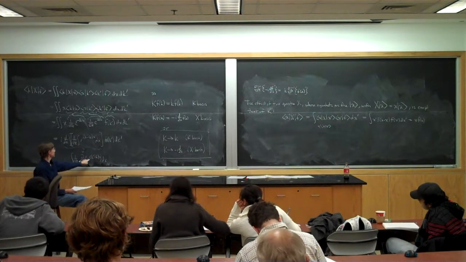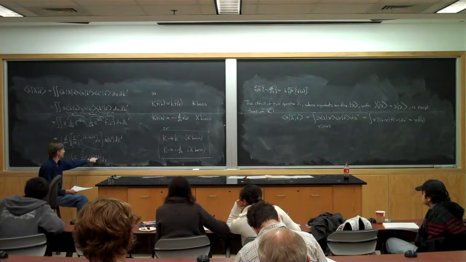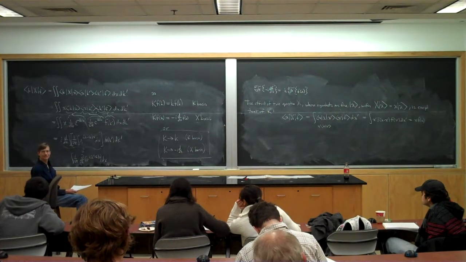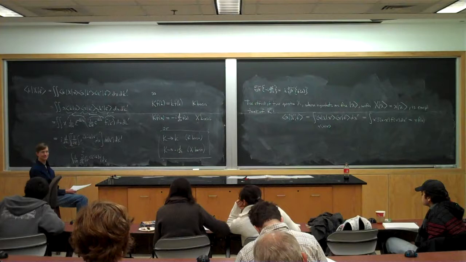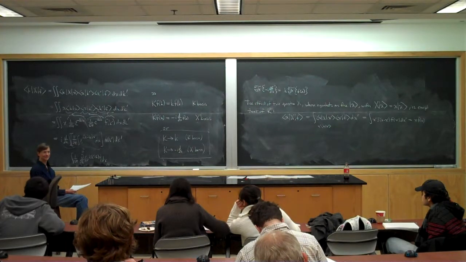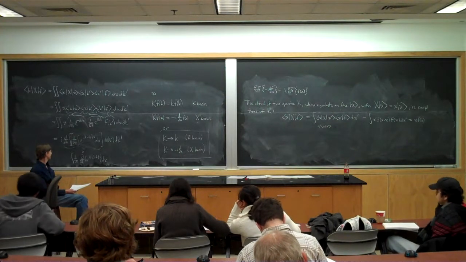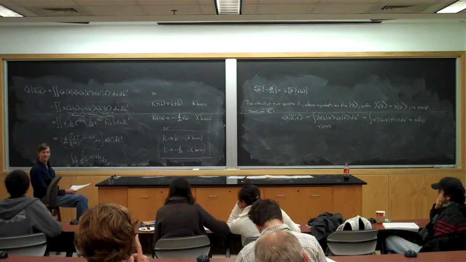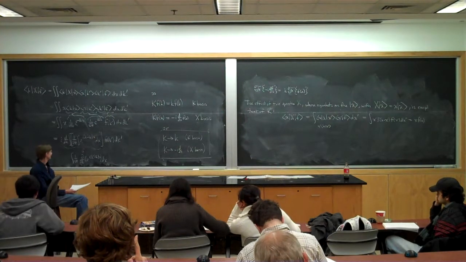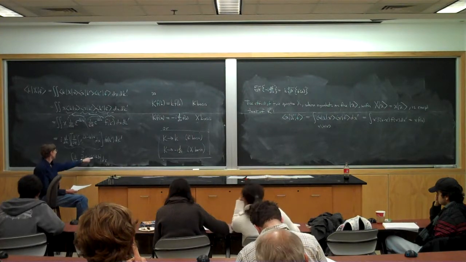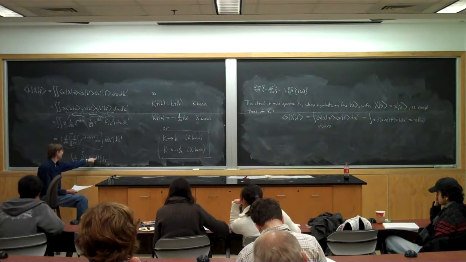What's the derivative with respect to k of e to the i (k prime minus k) x? Yeah, minus i x times e to the i (k prime minus k) x, right?